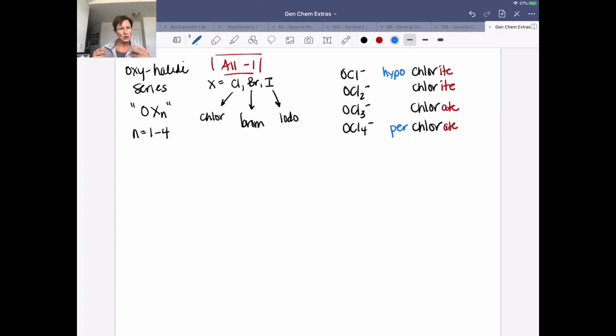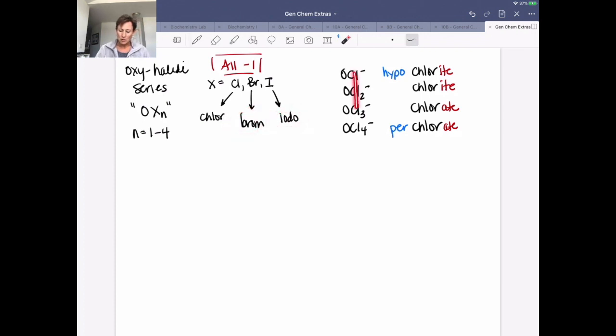But you can remember the word hyper, like hyperactive or hyperglycemic, having excess sugar or excess energy. So in this case, the series going from 1 through 4 chlorines is going to be hypochlorite, chlorite, chlorate, and perchlorate. All right, so remember this actually applies to the bromine and iodine series as well.